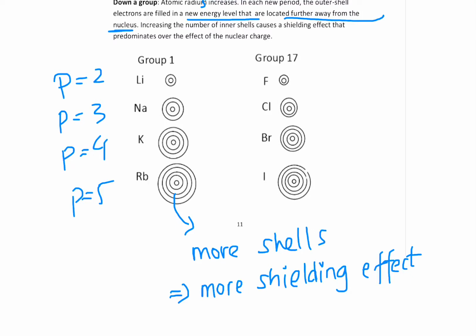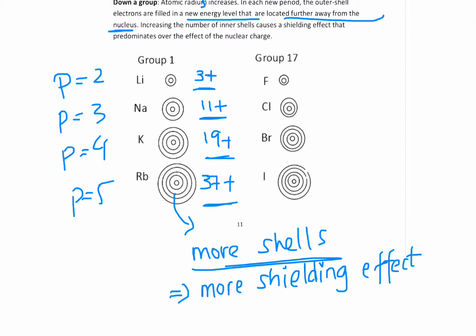Of course, the nuclear charge increases, but even if the charge increases, the charge is not enough to pull all the electrons close to it, because the more inner shells act as a shield and prevent the positive charge from attracting the outermost electron shells close to it.